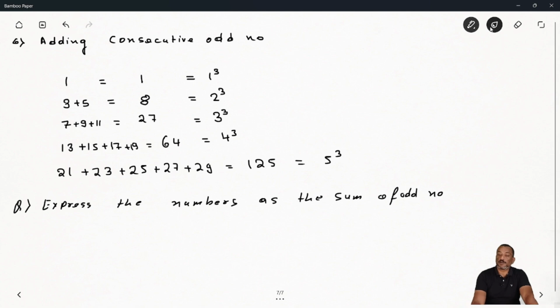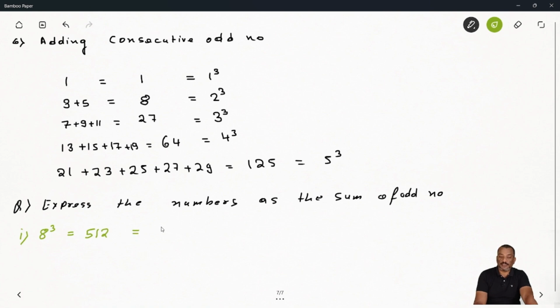Suppose you are given 8 cube. How can you express this one? 8 cube means 8 consecutive odd numbers. 8 cube comes to how much? 512. So we have to find those numbers.